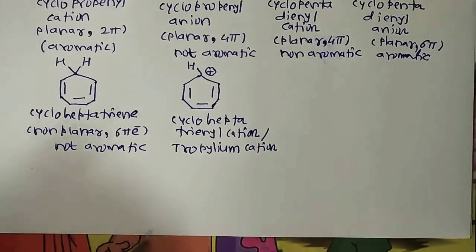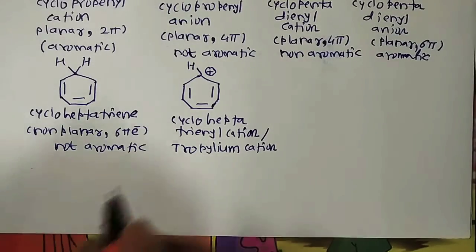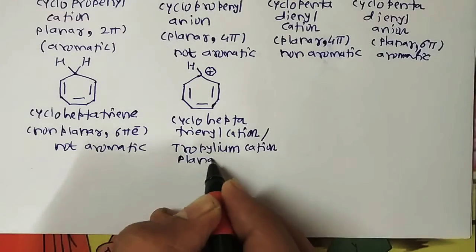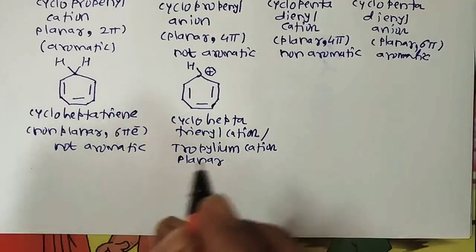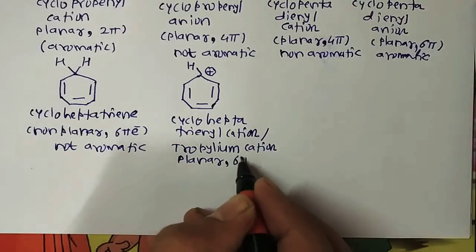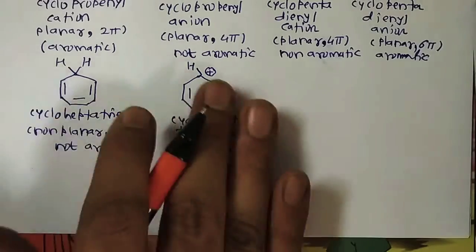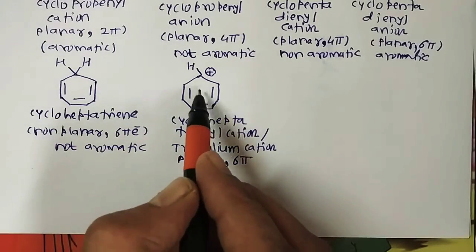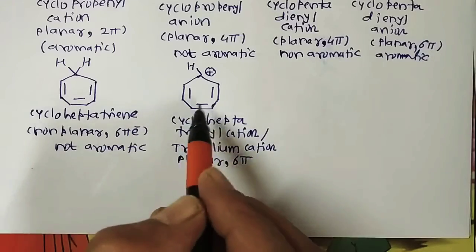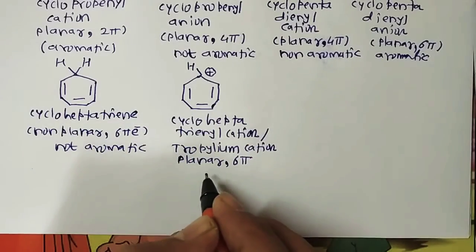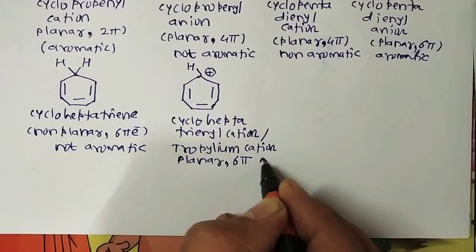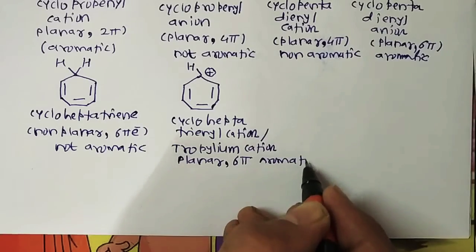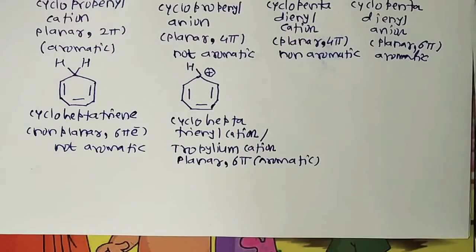This tropylium cation is planar in nature. Yes, definitely planar in nature, having 6 pi electrons. Yes, 6 pi electrons spread over the entire system, because there is resonance delocalization of all pi electrons. So our compound is aromatic in nature.